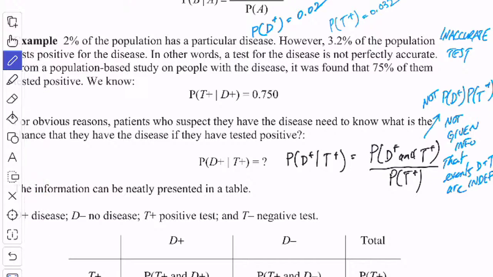Well, isn't it true that if I don't know that they're independent, then the chance of having the disease and testing positive must be equal to a conditional probability times the probability of whichever one I'm conditioning on? In this case, I know the chance of testing positive for a disease group.